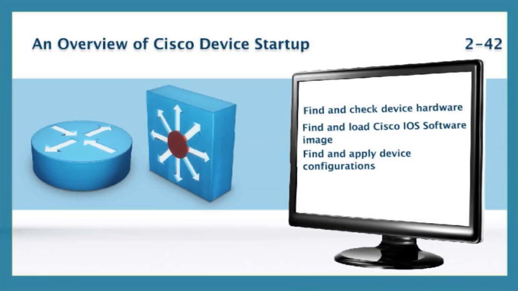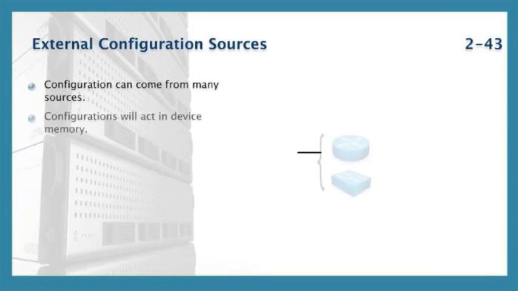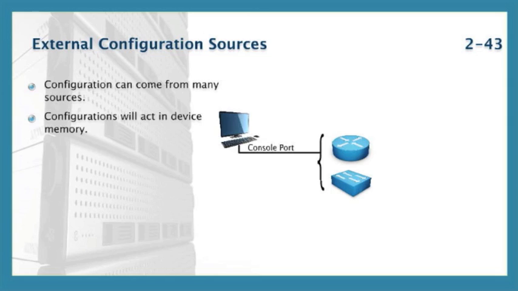By the way, when this device starts up, it looks for its hardware, it looks for its software, and then it applies your configuration. How do you give the device your configuration? Well, when you first get it in the mail, you're all excited, go to the doorstep, there's this big box from Cisco.